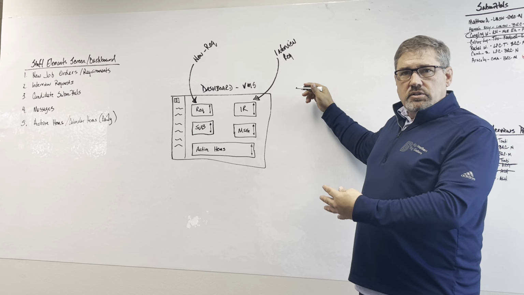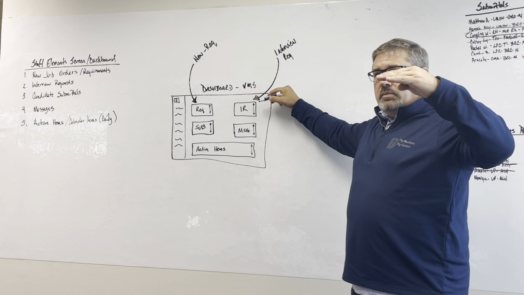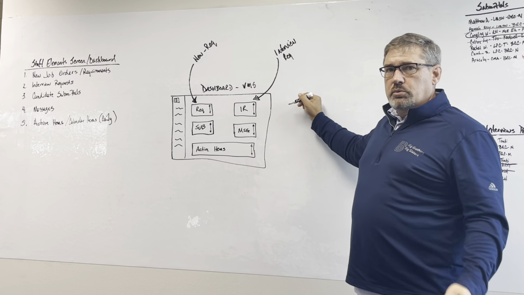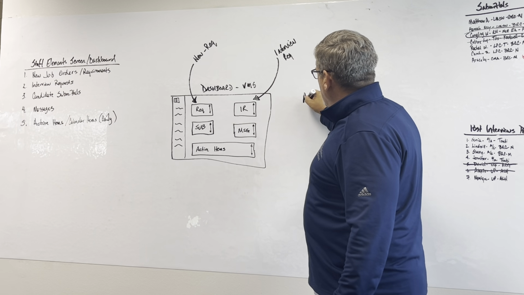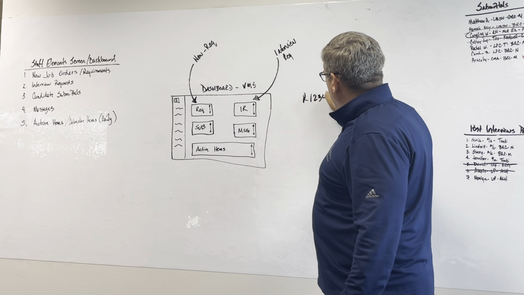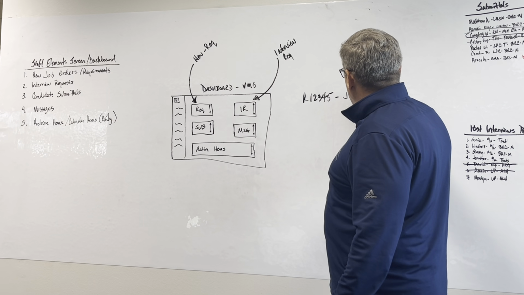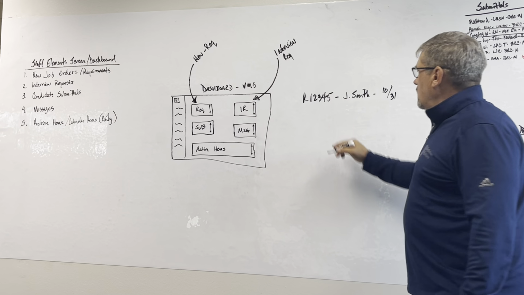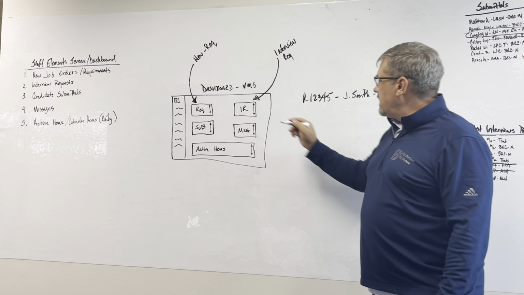This obviously isn't to scale, but inside of this box are active links to interview requests associated with a job order number. So for requirement 12345, J Smith, 1031, this could be a sample of what that link looks like.